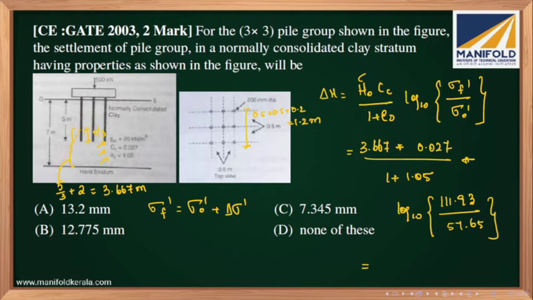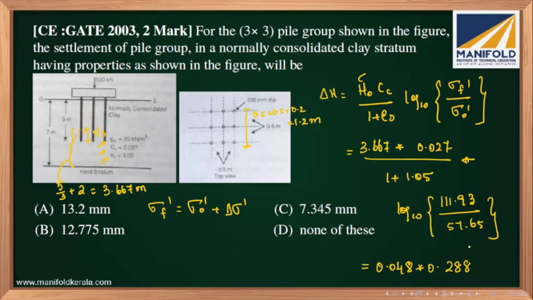So by simplifying this, 3.667 into 0.027 divided by 2.05, which is 0.048. Into log of sigma F dash 111.93 divided by sigma naught dash 57.65. The log of the corresponding value will be 0.288.